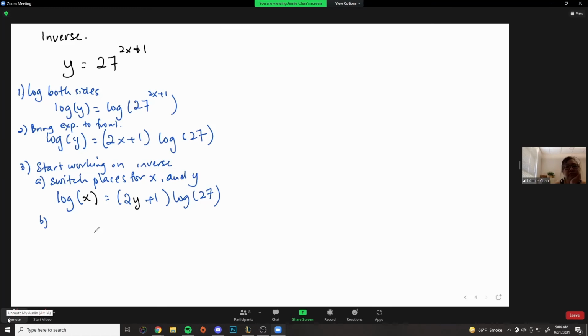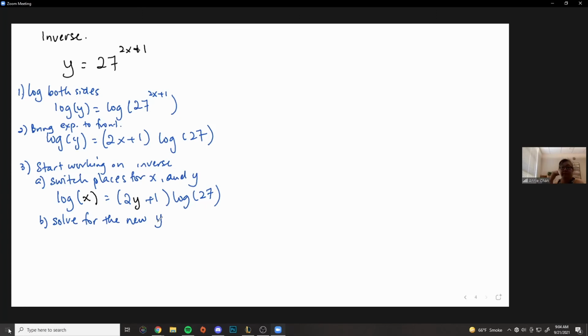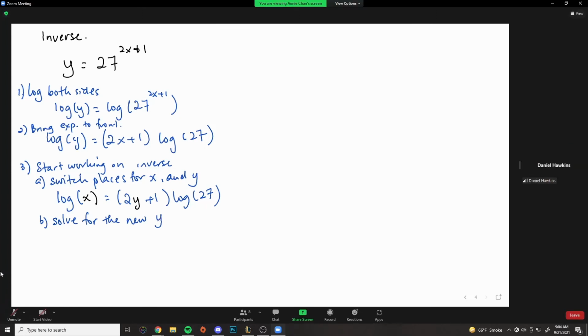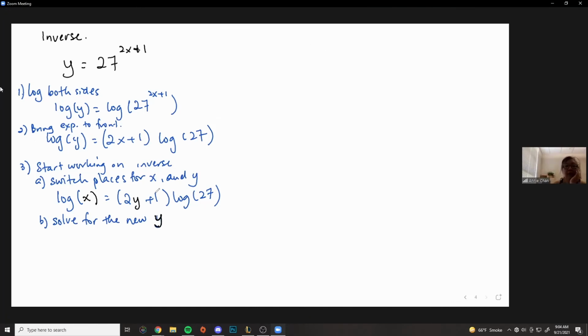Solving for y. No, now we solve for the new y. Yeah, that's what inverse is all about. We switch, okay? So how do we do that? We just do it like how we usually would do it, and then we're just going to solve for the y, okay?